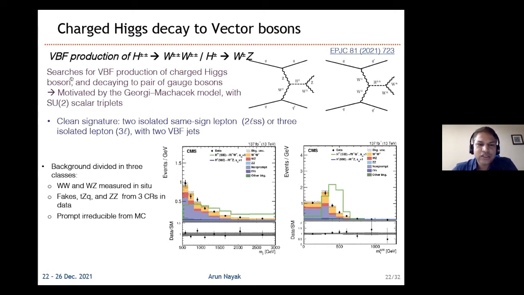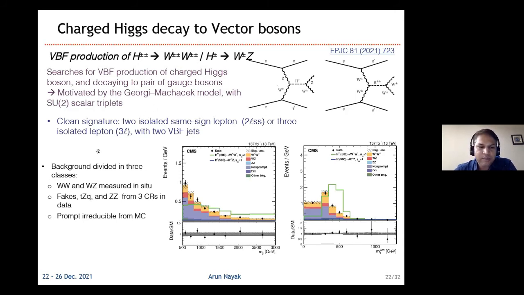These productions and decays are motivated by the Georgi-Machacek model with SU(2) scalar triplets. It has a clean signature because you can have two isolated same-sign leptons, or three leptons, with two VBF jets.